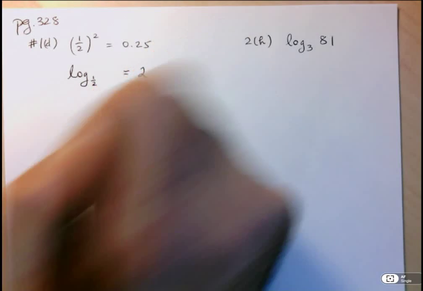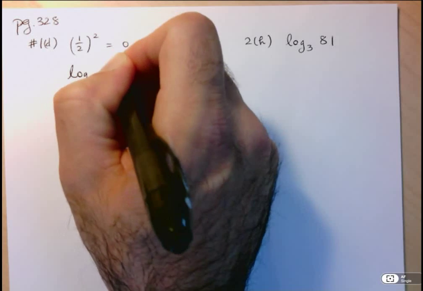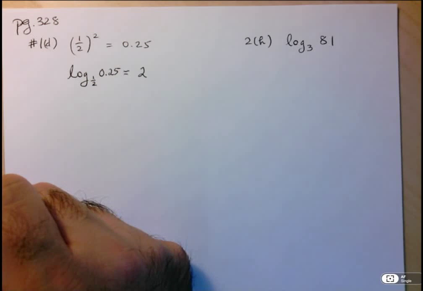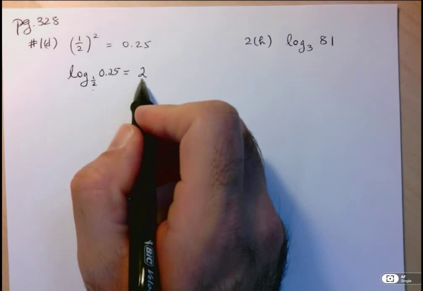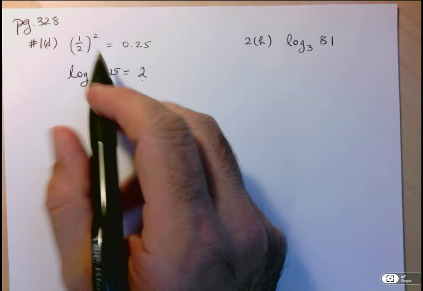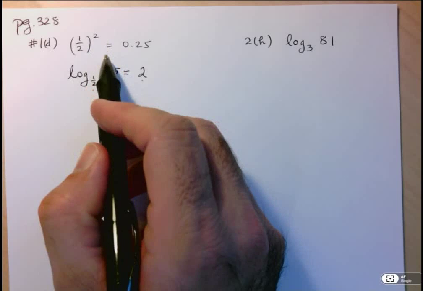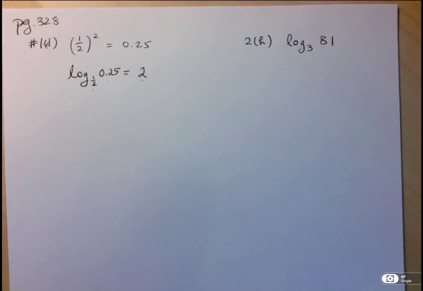So this is where we would place our 2, and then this would represent the result of that power. So this represents base 1/2 to the exponent of 2 equals 0.25, which is equivalent to what we have up here. So this is how we can go from exponential form to logarithmic form.